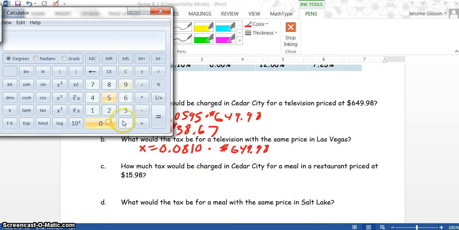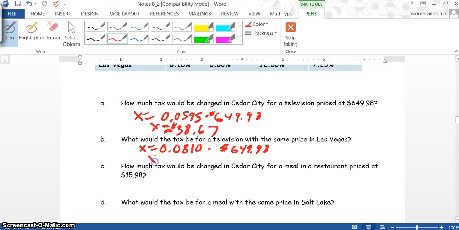So we will put this in a calculator, 0.0810 times $649.98. So it'll be $52.65.